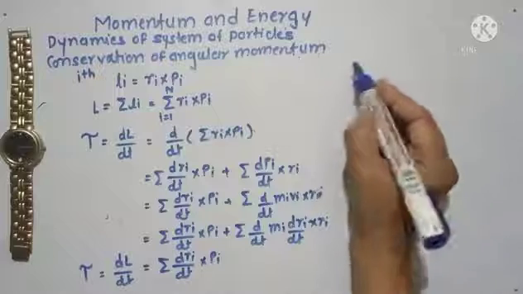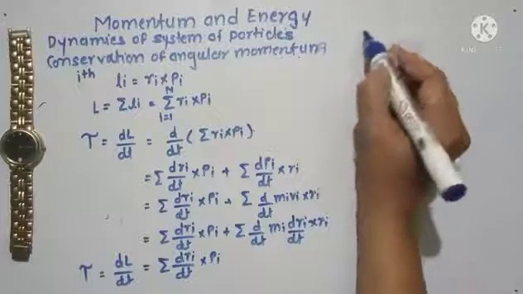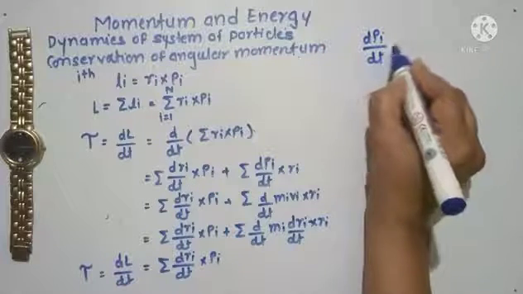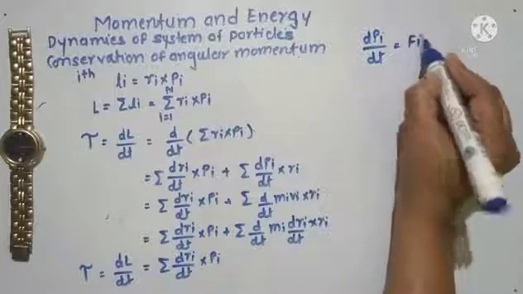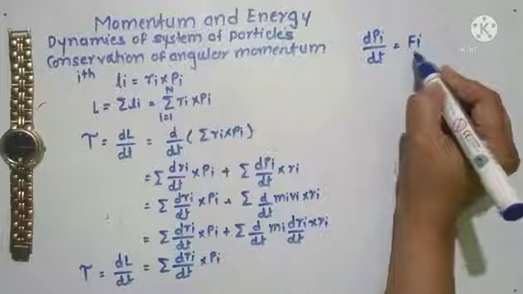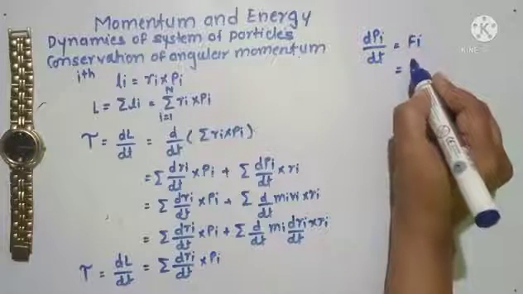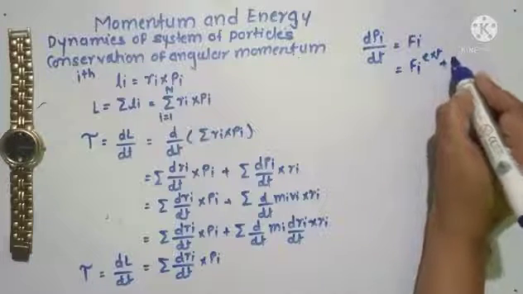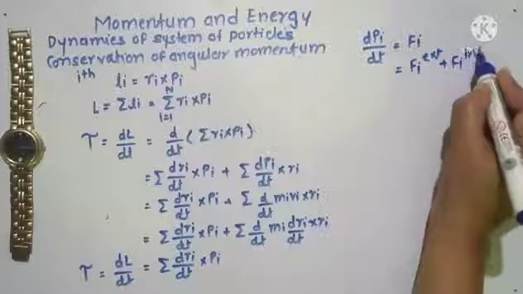So according to Newton's second law of motion, we know that this dPi upon dt is nothing but Fi, where F is the total force acting on the ith particle, and which is given by Fi external plus Fi internal.